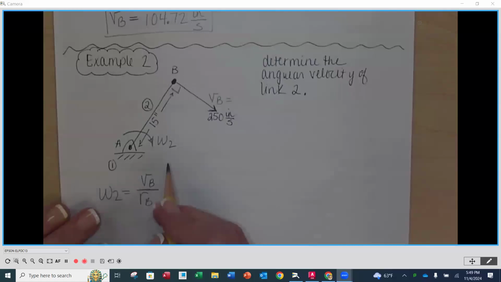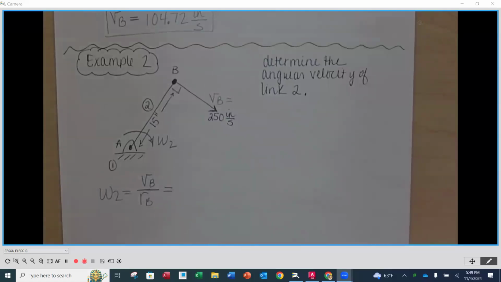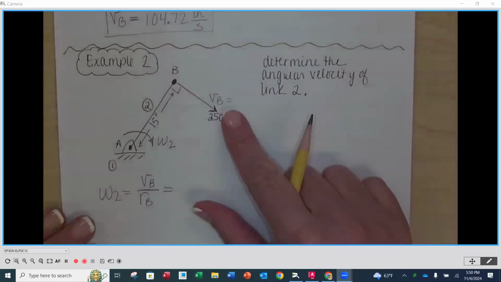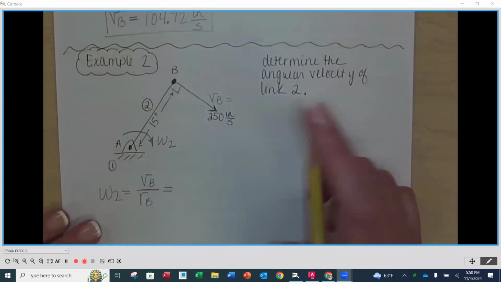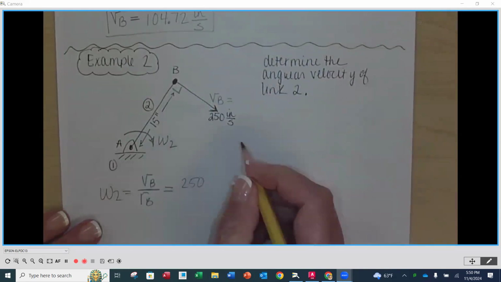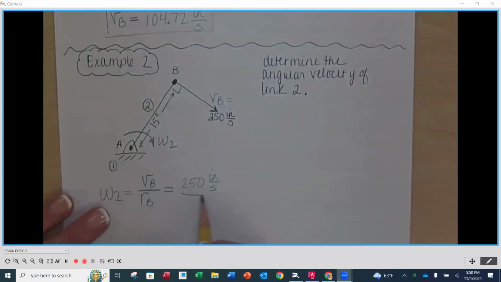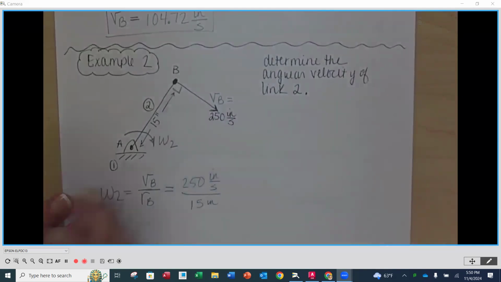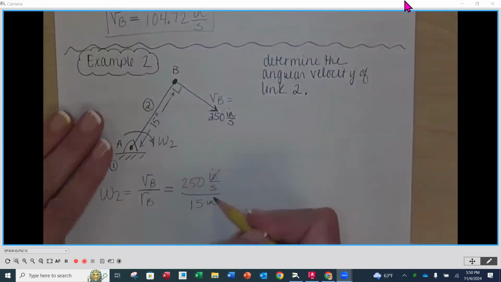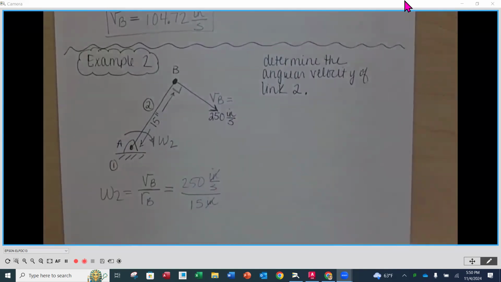Okay. So now we're going to insert our values here. We know our velocity of B to be equal to 250 inches per second divided by 15 inches. You'll notice that top to bottom, the inches cancel out, and I'm left with radians per second.